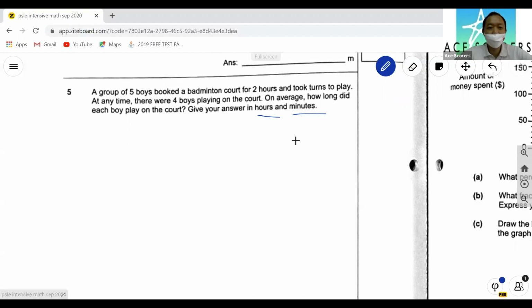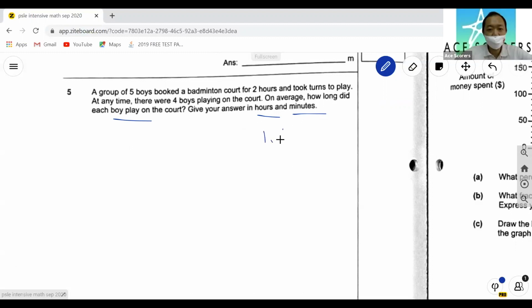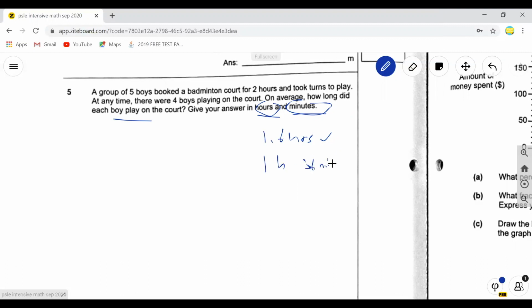You said 1.6 hours, right? It's correct, but you must convert to minutes. This is decimal, 1.6 hours. So 1 hour, 0.6 hour is 36 minutes. So 1 hour 36 minutes.